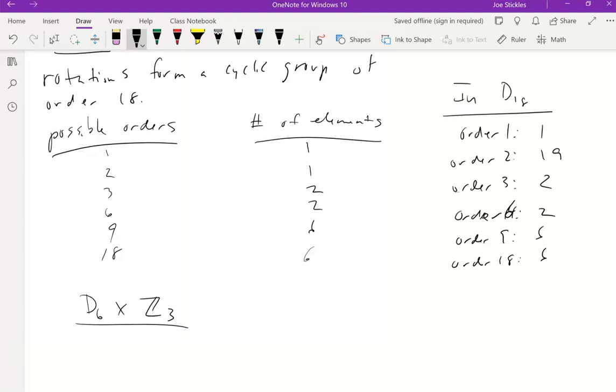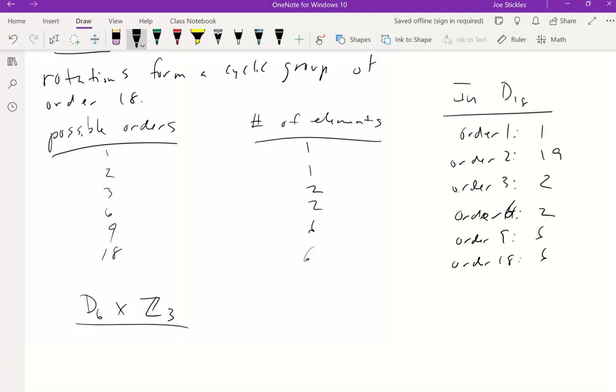All right. Let's do the easy one first. What are the possible orders for elements in Z3? 1 and 3, right? Good.